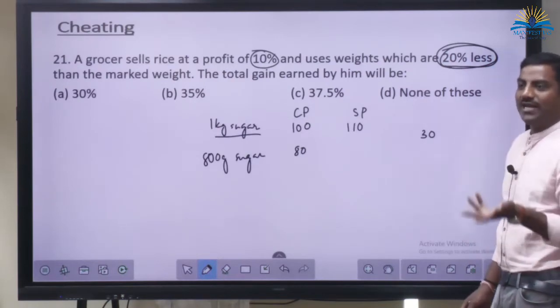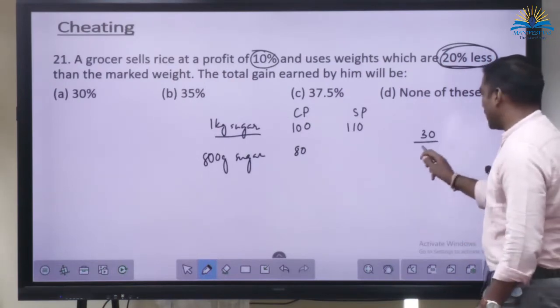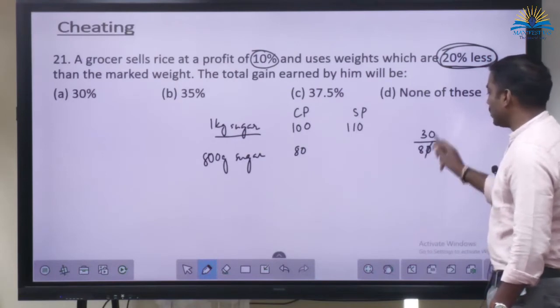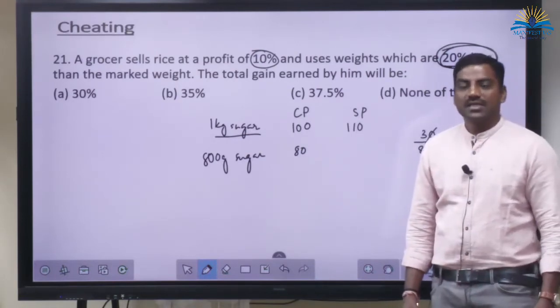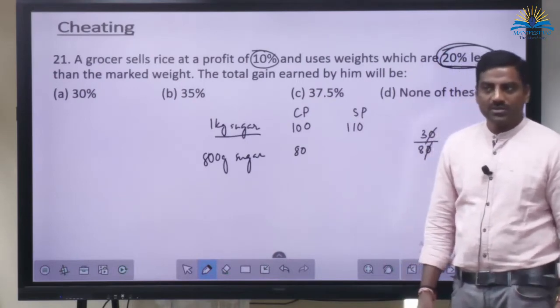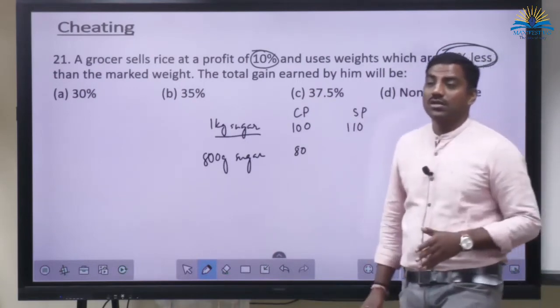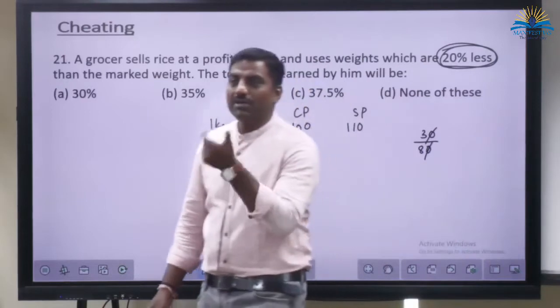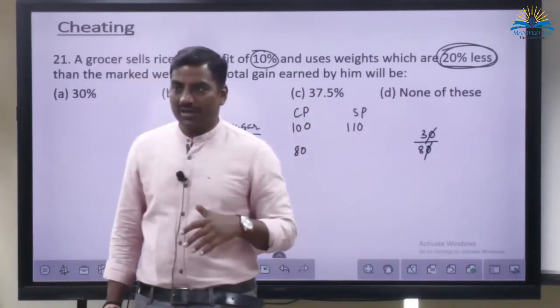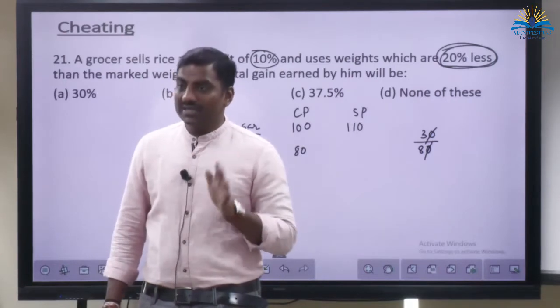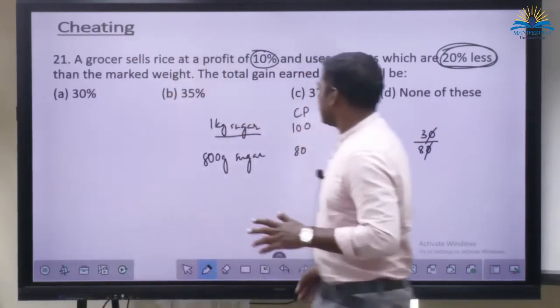He will invest only 80. 30 on the investment of 80. 0, 0 get cancelled, 3 by 8. What percentage is this? 37.5%. It appears like what? 30%. 10% ethical profiteering, 20% unethical profiteering. It appears 30, but it is not.